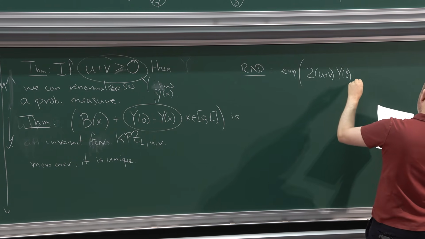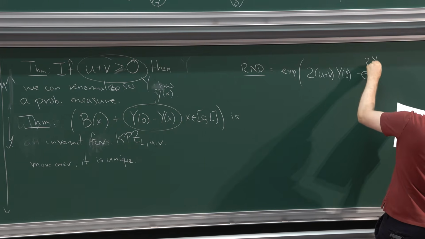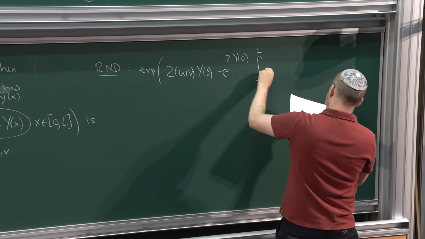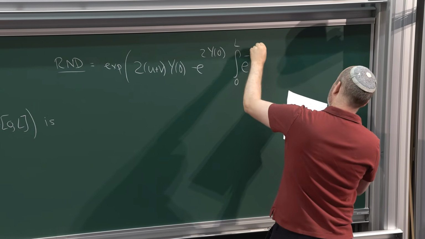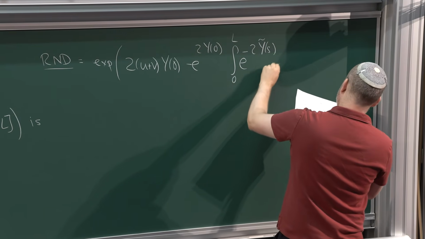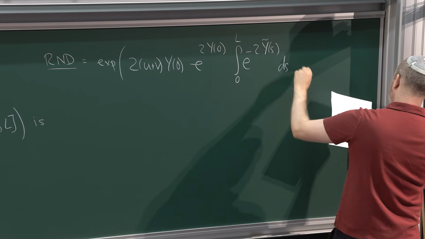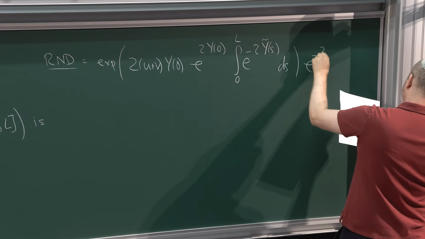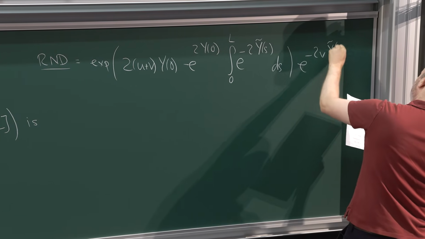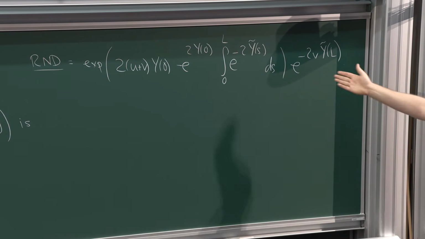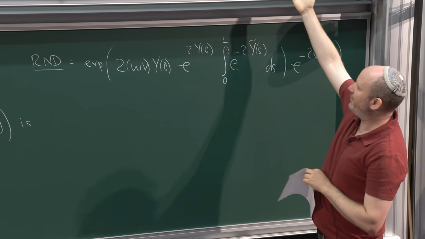So I can rewrite the Radon-Nikodym derivative as the following. There's some dependence on y of 0, and then dependence on y tilde of s. Put this in. This is just a change of variables of this formula here.